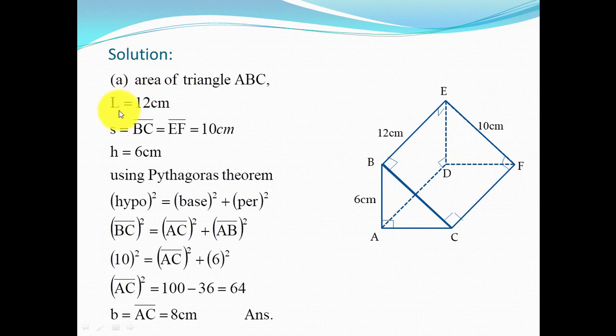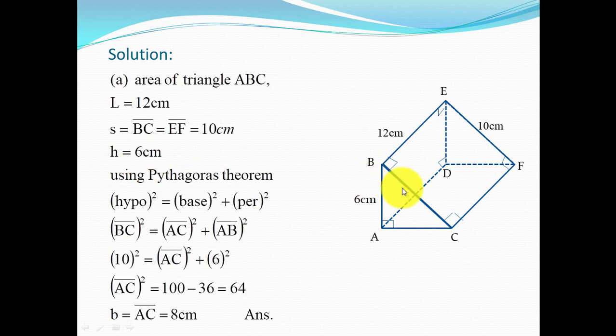In the statement it is given that L is equal to 12 centimeters and S is equal to this EF distance BC. As you can see from the figure, BC and EF are the same, which is equal to 10 centimeters.